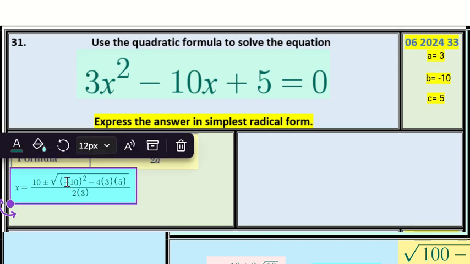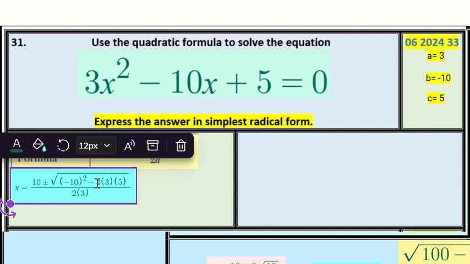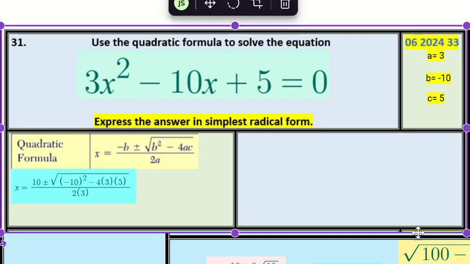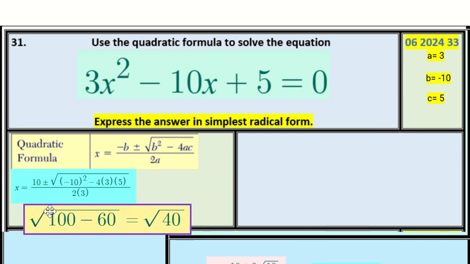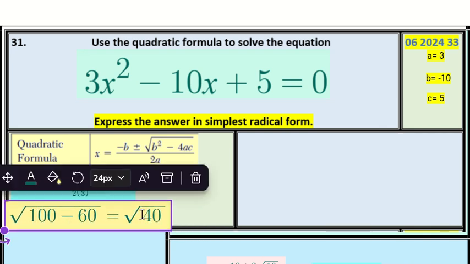When we square negative 10, we get 100 minus 4 times 3, which is 12, times 5, which is 60. So the square root of 100 minus 60 is the square root of 40.